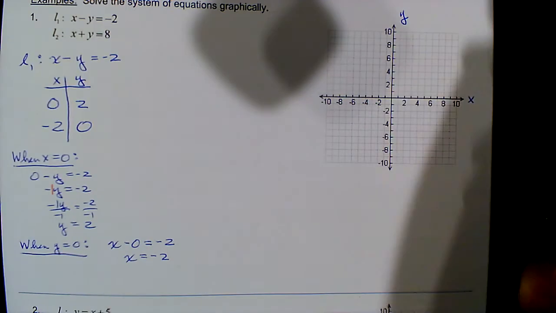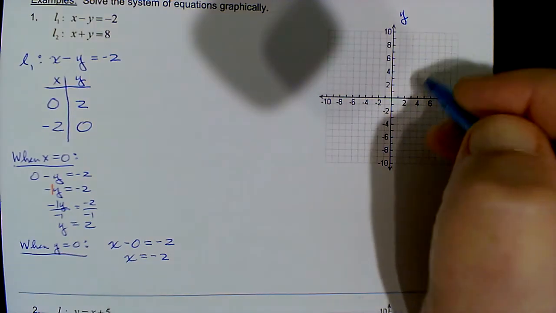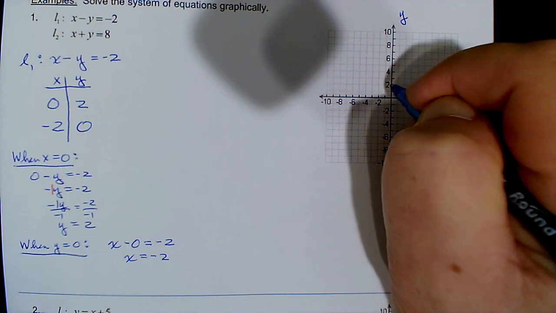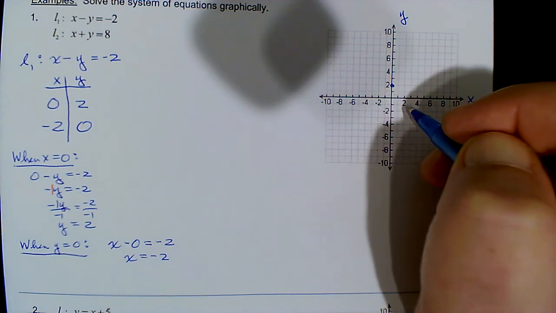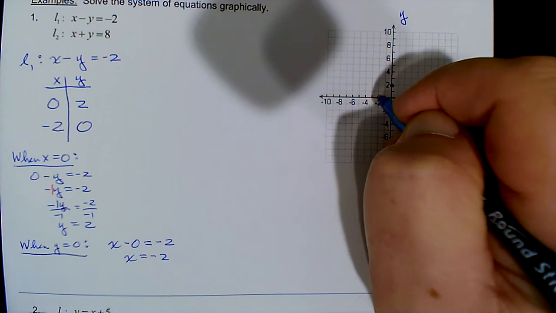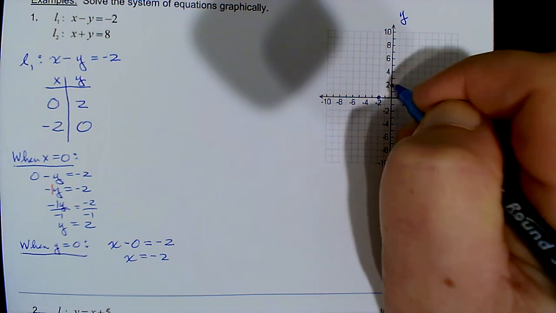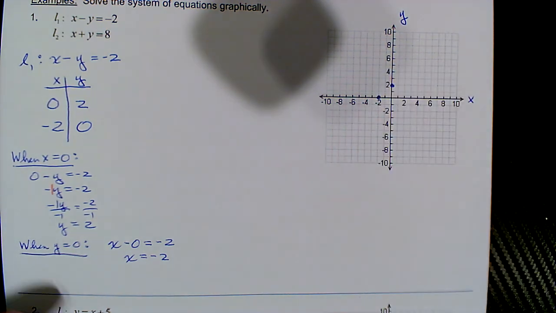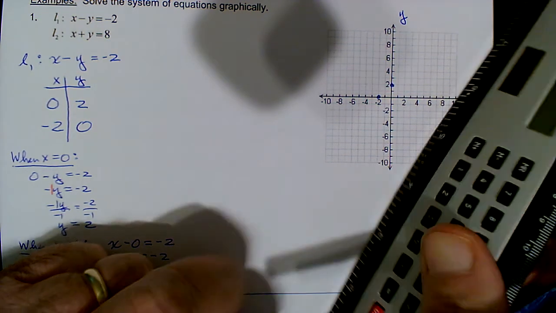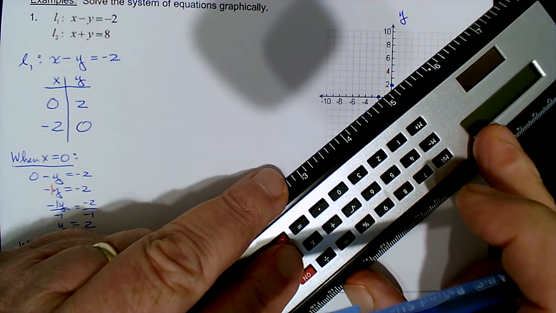Okay, so let me actually plot that line first. 0, 2 be the y-intercept, and -2, 0 the x-intercept. Right, now, when you're doing this by hand, you do have to be very careful. Make sure you line up the points neatly.